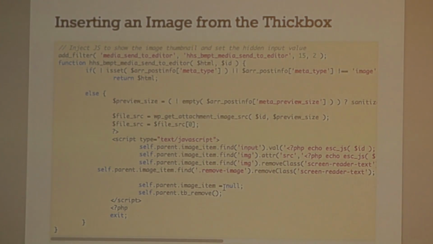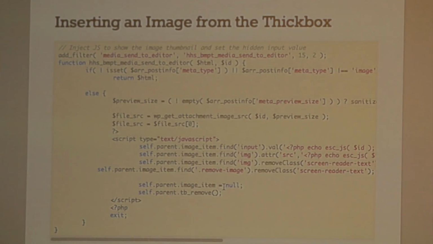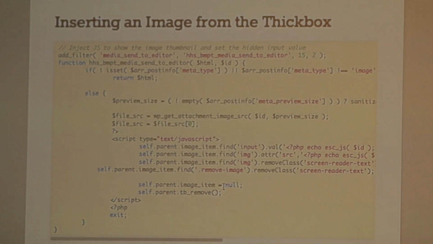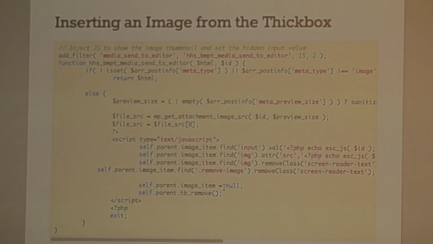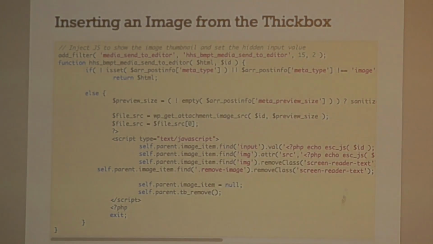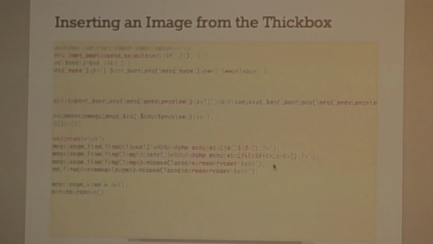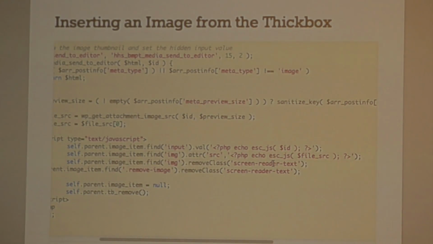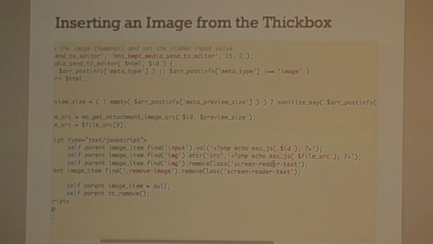Thickbox is an iframe, which is the end of the world, which is why you have to execute JavaScript on insert, because you're coming from an iframe. You have to use PHP to echo the ID and that kind of stuff, which is why it's printed directly. That's why it looks like that, and why we're really happy that it doesn't do that anymore.